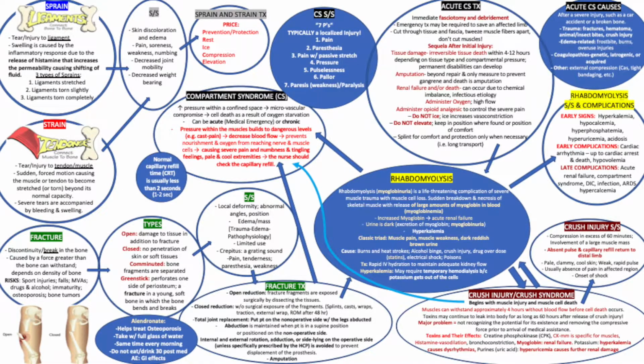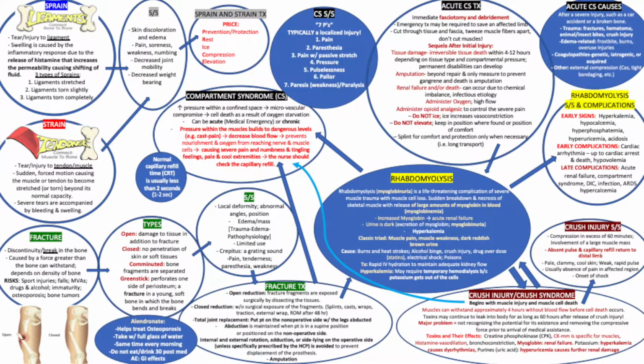In terms of types, there are four. You can have an open fracture, a closed, comminuted, or a greenstick. For the open, you can see a picture of it in the bottom left corner. It is damage to the tissue in addition to the fracture.